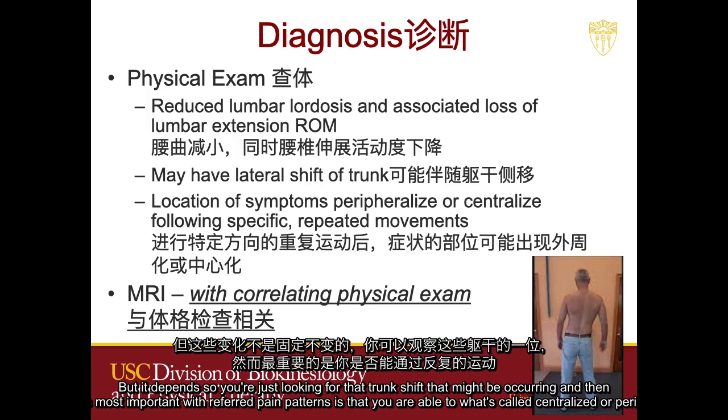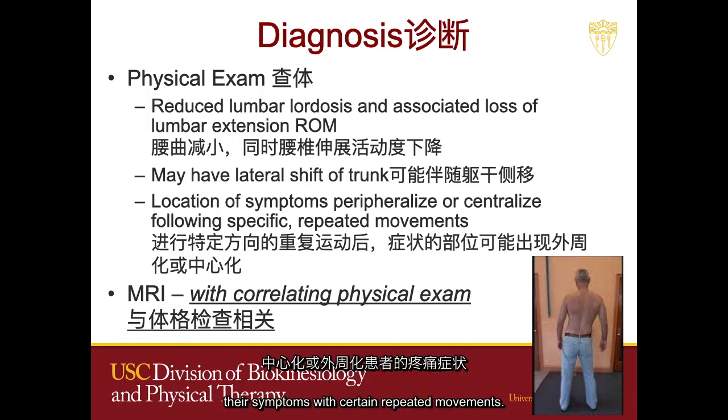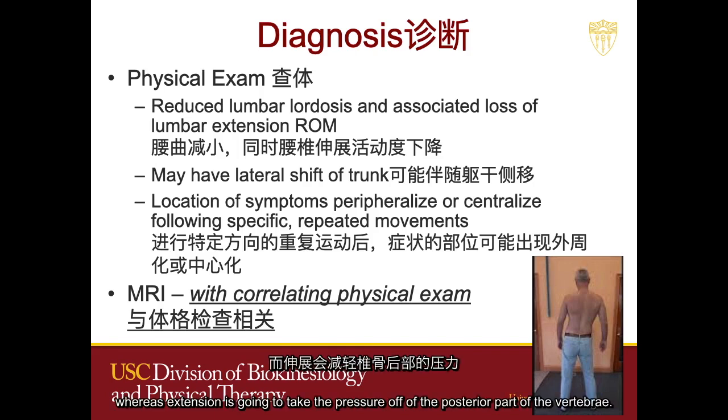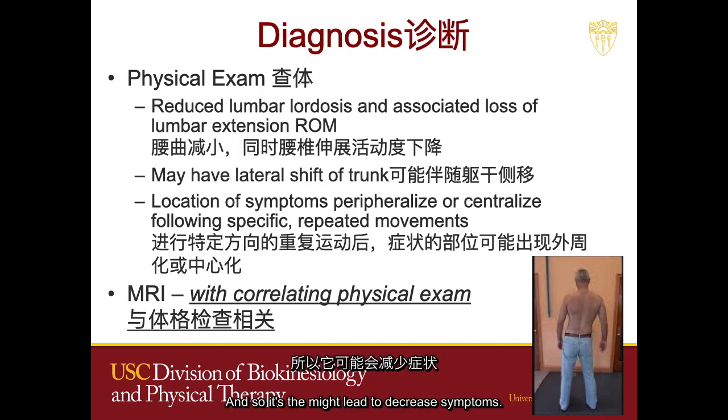And then what's most important with referred pain patterns is that you're able to centralize or peripheralize their symptoms with certain repeated movements. Most of the time, as we talked about earlier, flexion is going to lead to more pressure on the posterior part of the vertebrae, and so that's going to likely lead to more symptoms, whereas extension is going to take the pressure off of the posterior part of the vertebrae, and so it might lead to decreased symptoms.